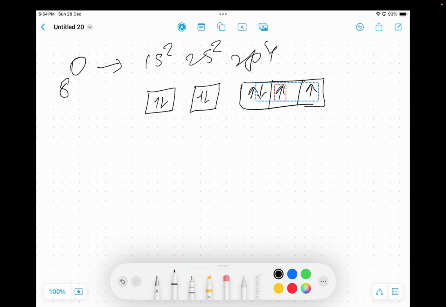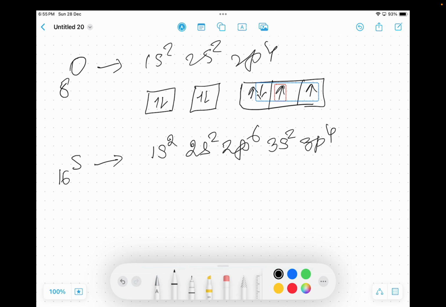Take some more examples. Let us take the example of sulfur 16. We should write subcell-wise configuration 1s2, 2s2, 2p6. Together it is 10. So the remaining 6 electrons: 3s2. Now it is 12. So the remaining 4 are in 3p. In box diagram configuration, the s subcell has one box, that means one orbital.